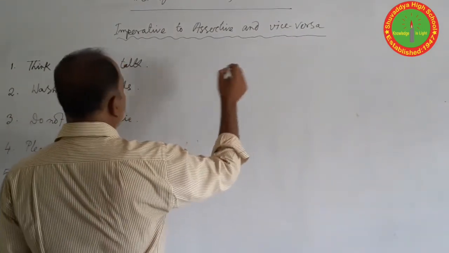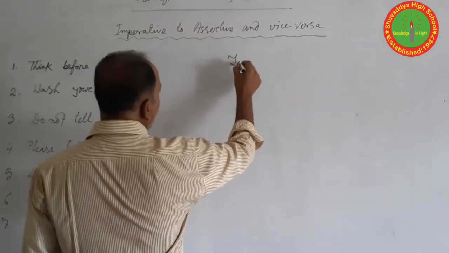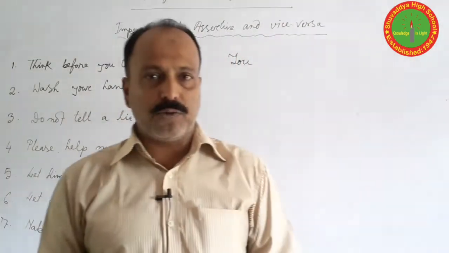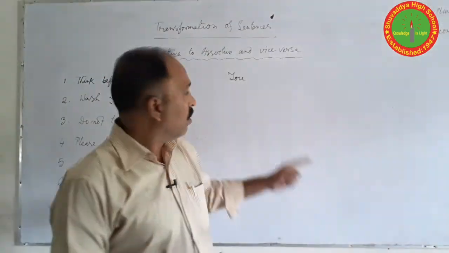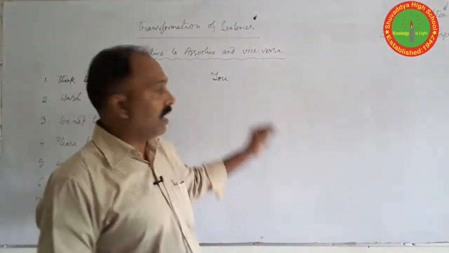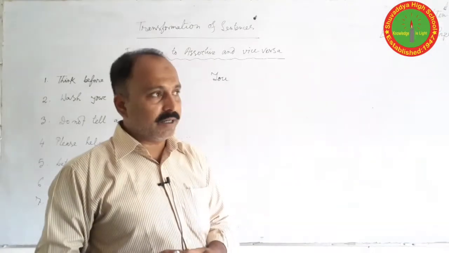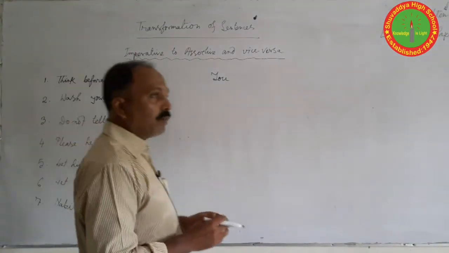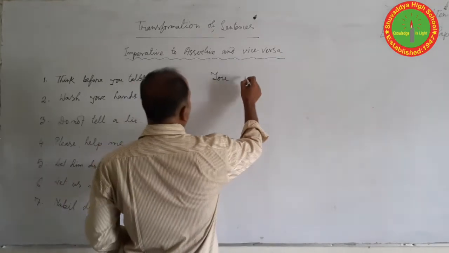First of all, you should use you. When will you use you? If the sentence starts with the main verb, all the time we use you as the subject of the assertive sentence. Okay, then the main verb, or sometimes we can use should.